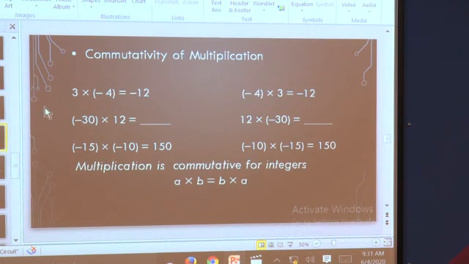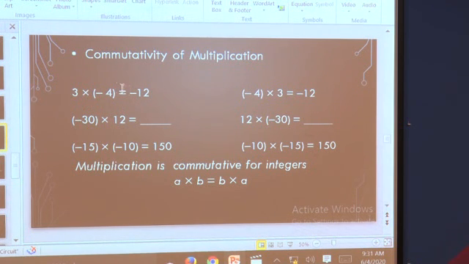Next, commutativity of multiplication. We have learned about addition and subtraction. Here we are going for multiplication. In the commutative property, what is it? Just we can change the place. We can replace the integers. 3 multiplied by minus 4 is equal to minus 12.